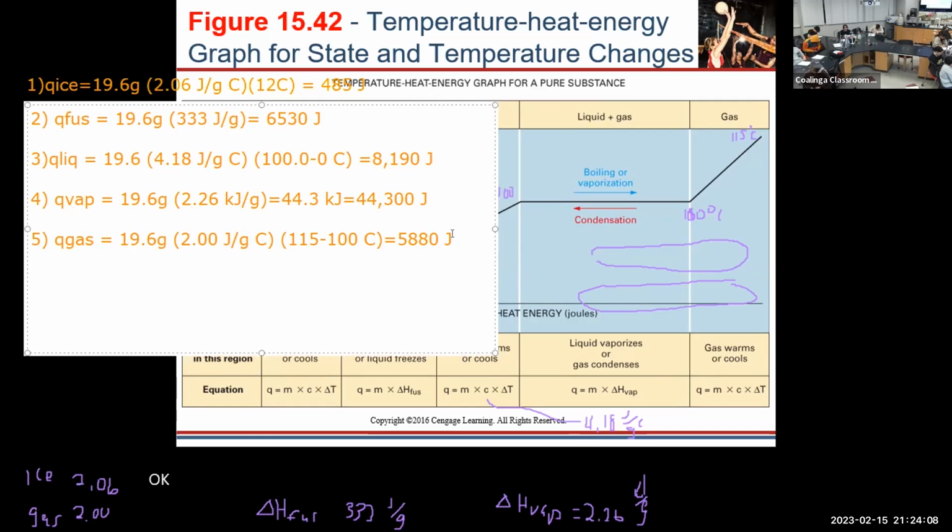So it's asking us for the total heat from the beginning to the end. So our Q total is going to be equal to Q ice plus Q fuse plus Q liquid plus Q vape plus Q gas.